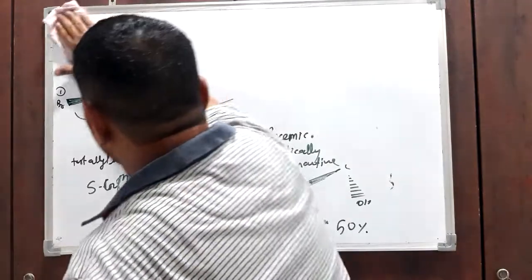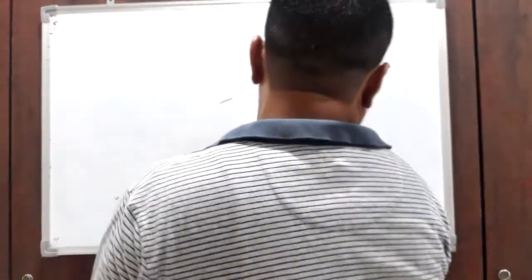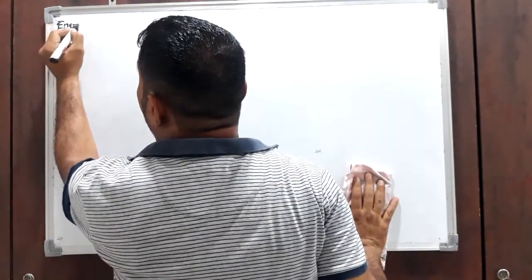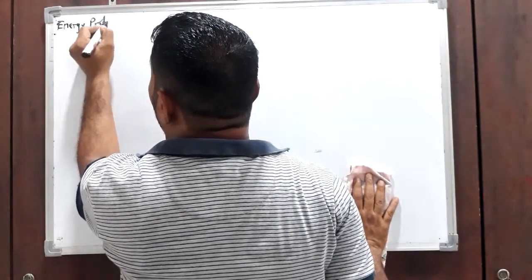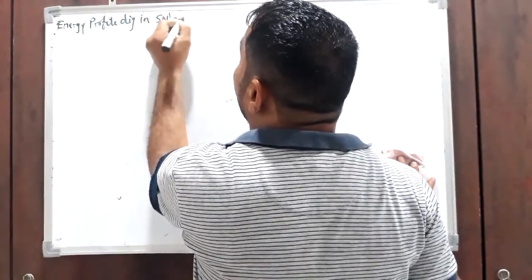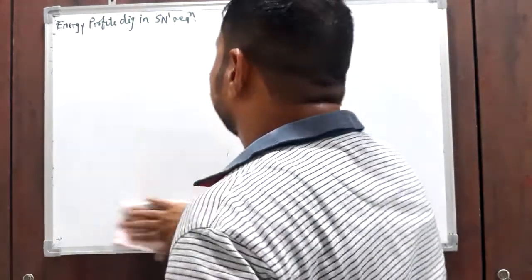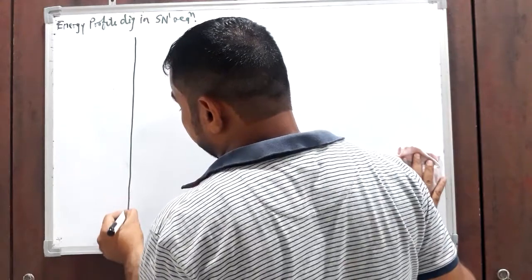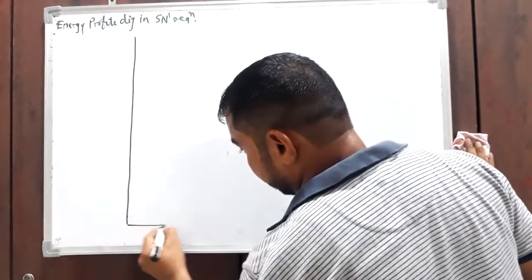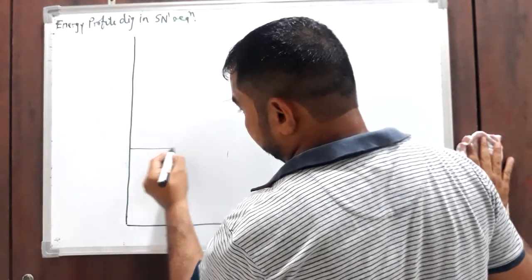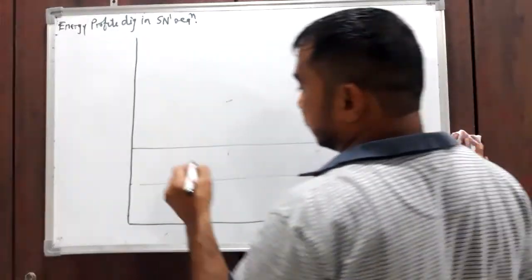Now the next part is the energy profile diagram in the SN1 reaction. See what happened in the SN1 reaction. There is a reactant, here is a product.